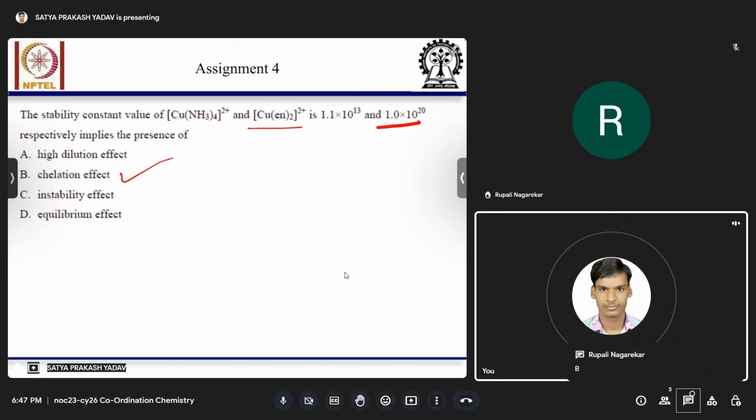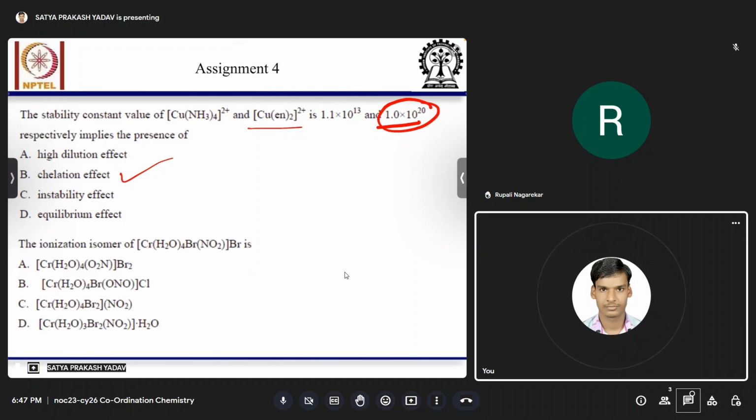That's why [Cu(en)2]2+ has a higher formation constant, because chelation leads to a less entropic structure. The ionization isomer for [Cr(H2O)4BrNO2]Br: what is the answer? Can anyone tell?